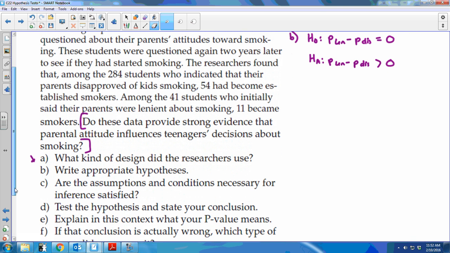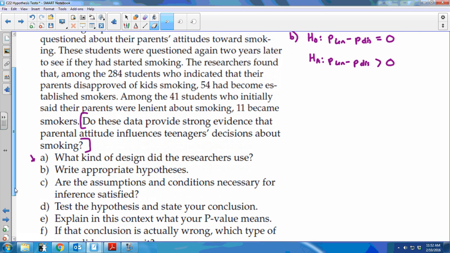Part C. Are the assumptions and conditions necessary for inference satisfied? I am not going to write all these down, but we are going to talk about them. So what's a condition we should check? Randomization. Does it say that they were using random samples?